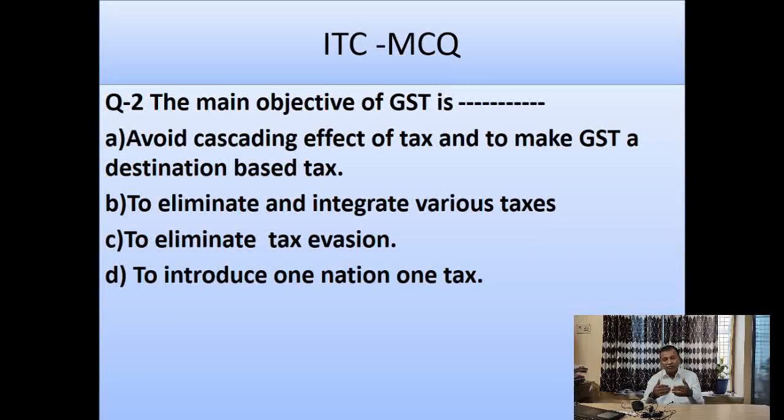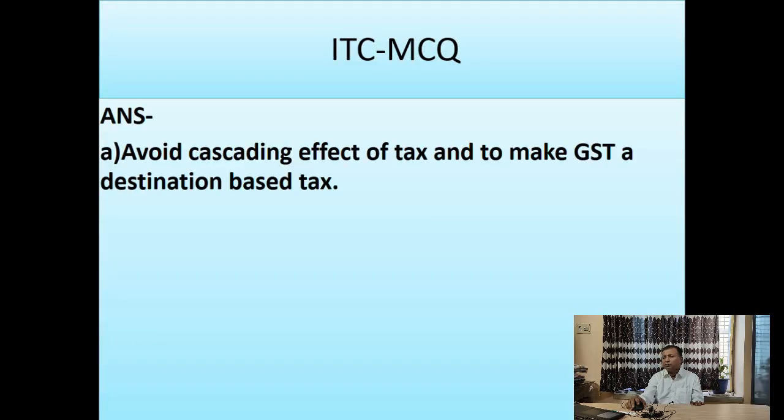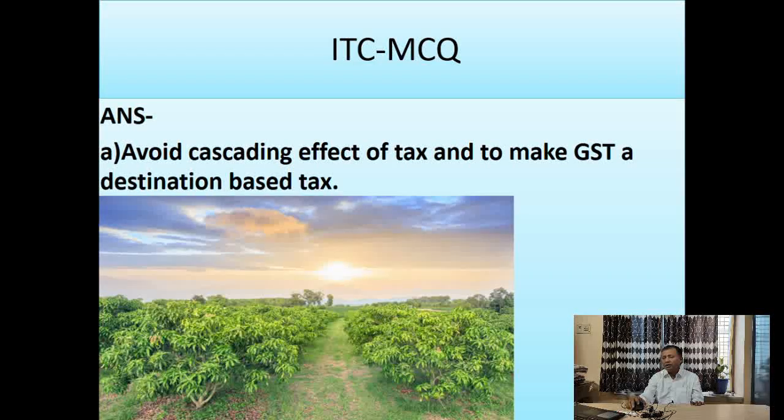On particular goods, the tax should not be levied manifold or time and again. Therefore, the output tax is always adjusted with the input tax. This is the most important objective of GST. So the answer is A. Let us come to question number 3.